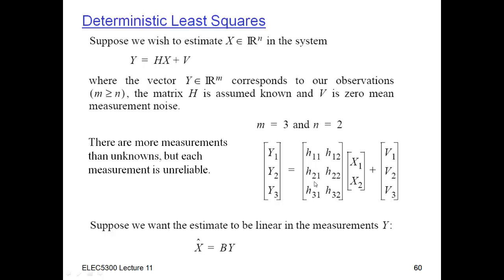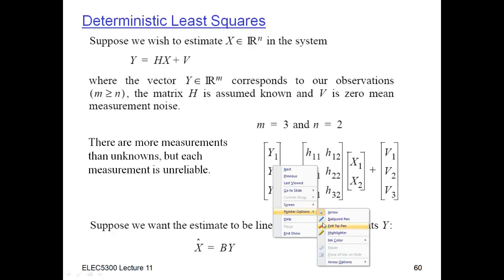But nonetheless, you can imagine that if I had, let's say, these two, I would have a square matrix, and I could somehow invert it, and so x would be some linear combination of y. So what we're going to do is estimate x by a linear combination of y using this matrix B. This matrix B is going to be some kind of 2 by 3 matrix in this particular example.